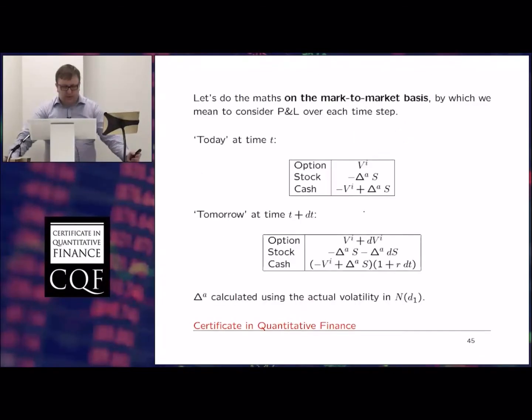Let me show it mathematically for you. At time t plus dt, I have the option changing v plus dv. So if I do the differencing for the P&L, I take t plus dt and subtract what I have at t. Here I have, in terms of the difference, dVi.